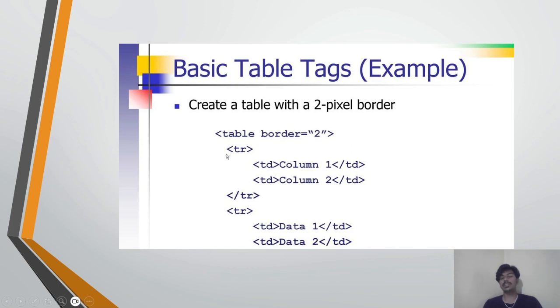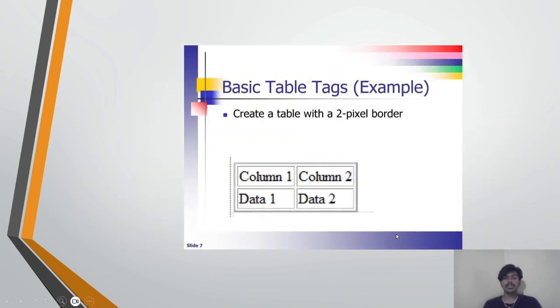This is the end of the first table row, and then we start the next table row. It starts with tr and then td data 1 slash td, td data 2 slash td, and then moving on we see this is the table that has been created. This is the table border which is of the size 2, and in row 1 we have created 2 columns, and the data for this is column 1 and column 2.